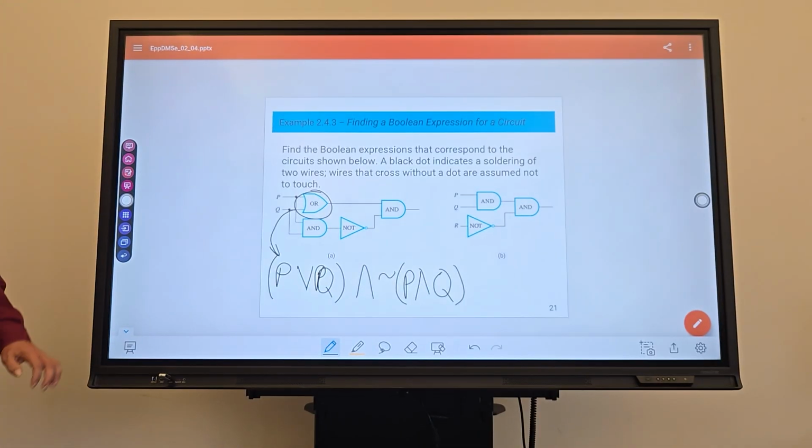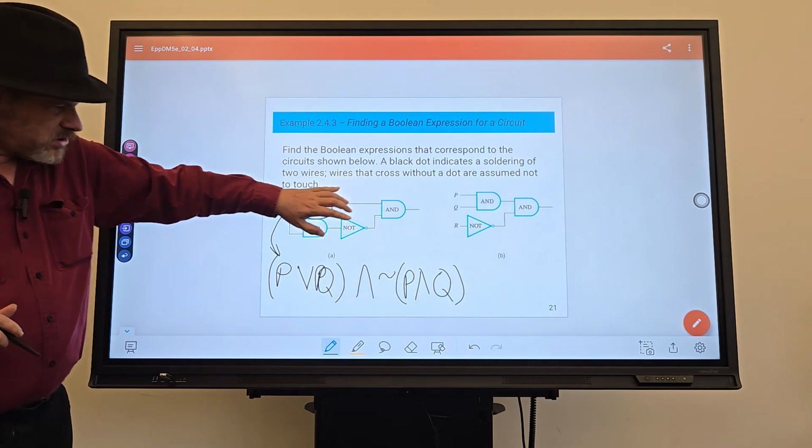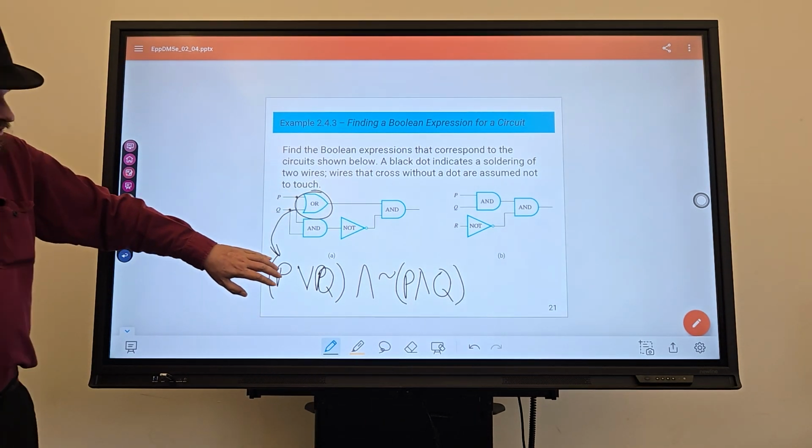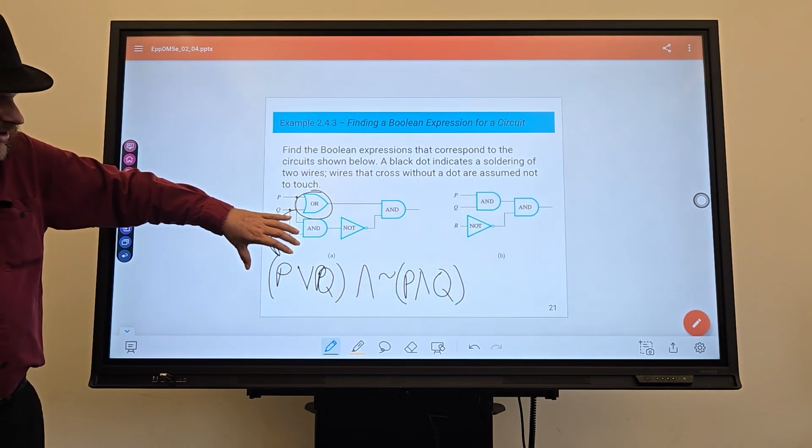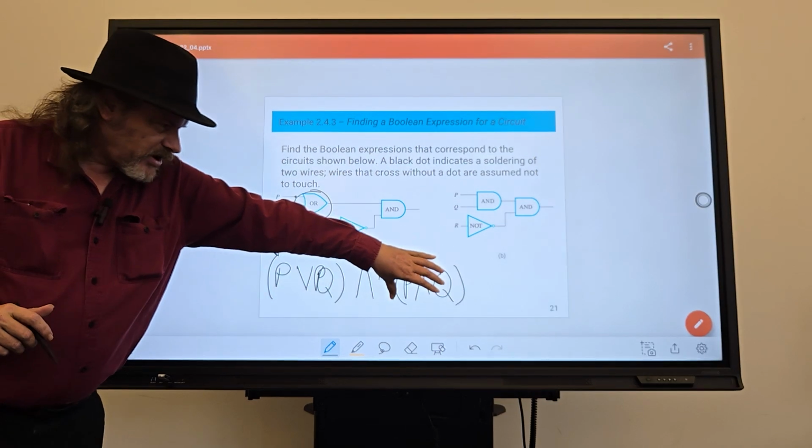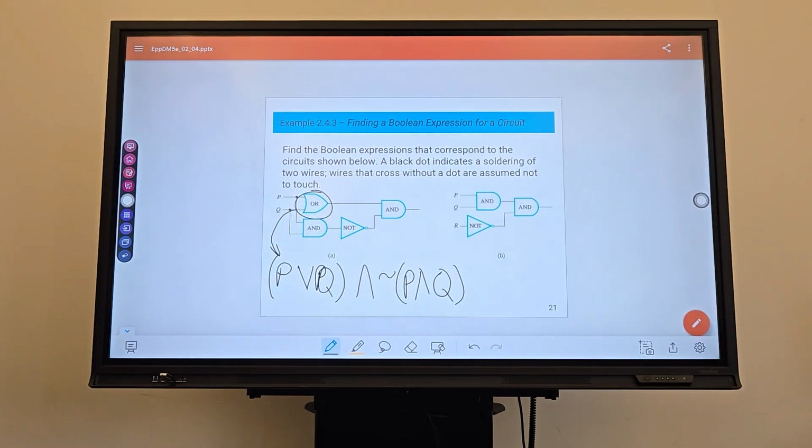See, I did that work from left to right. And each gate's operation is put in parentheses to indicate which is associated with which.